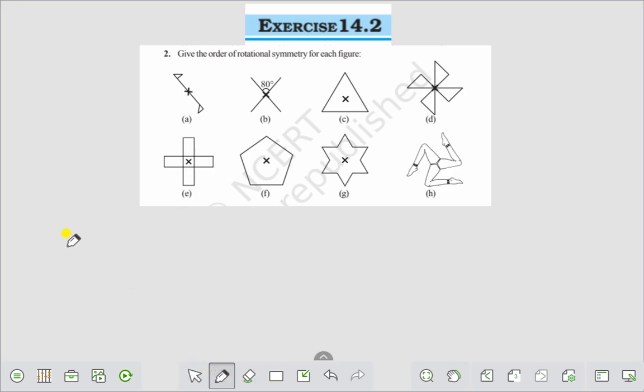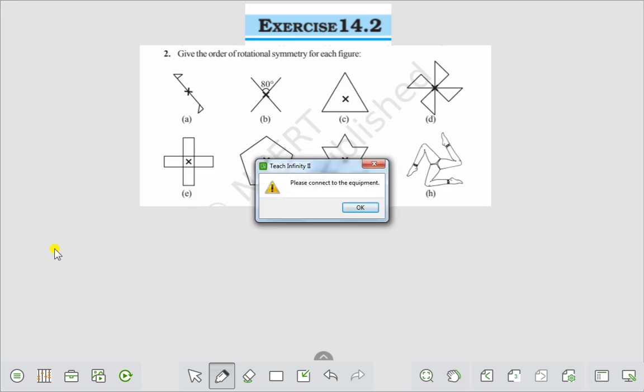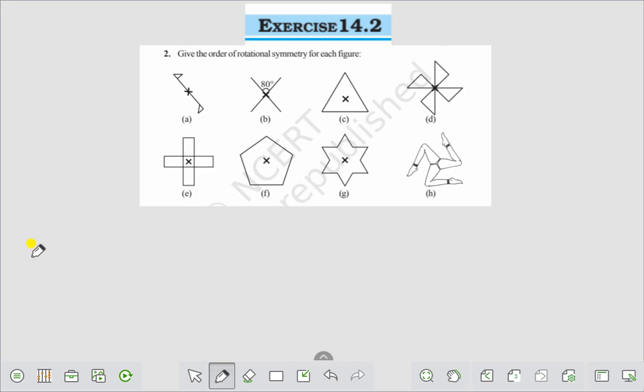Let us draw a figure like this. That is the question number D. We're drawing the figure like this.